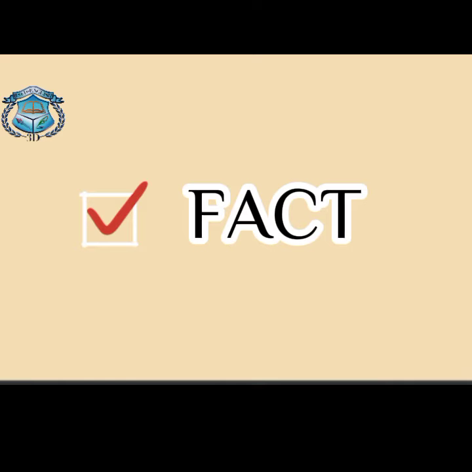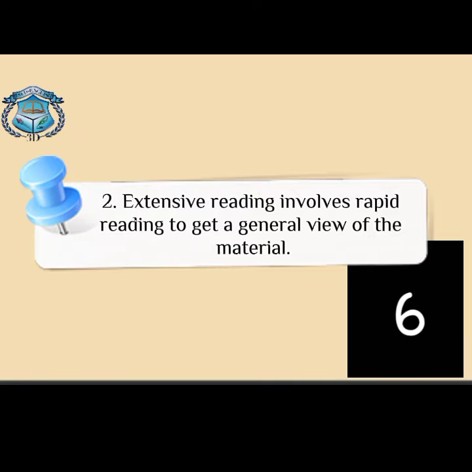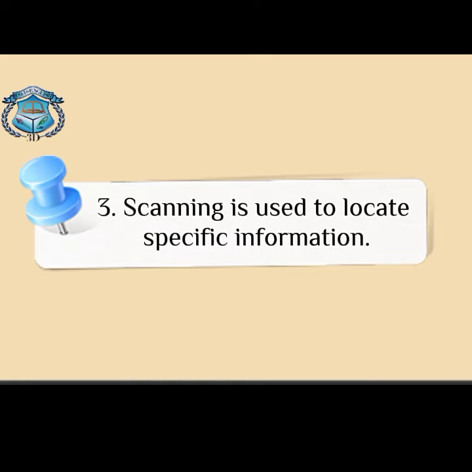The answer is fact. Number 2. Extensive reading involves rapid reading to get a general view of the material. The answer is blah. Number 3. Scanning is used to locate specific information.